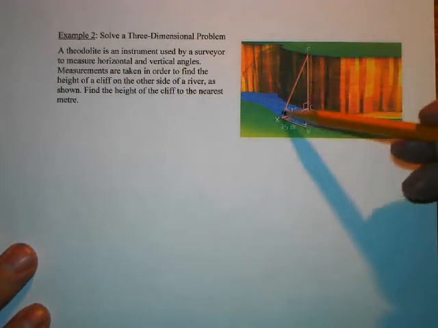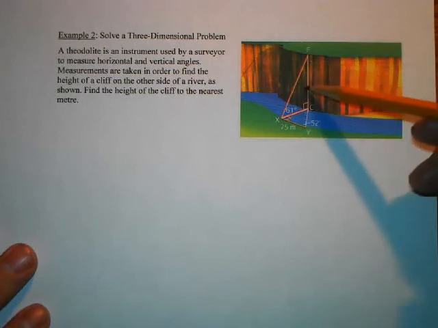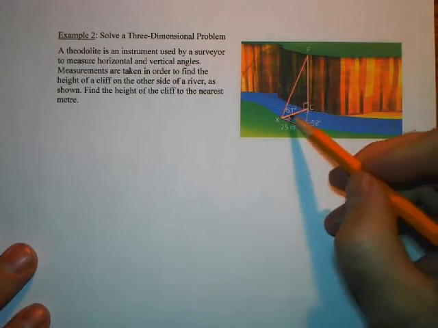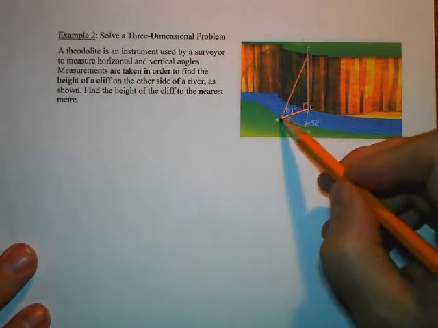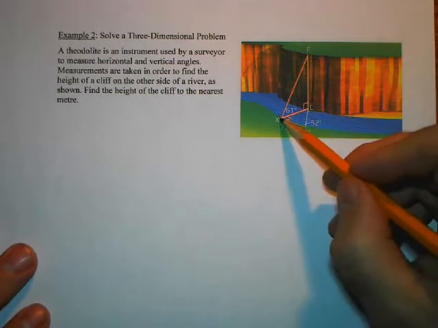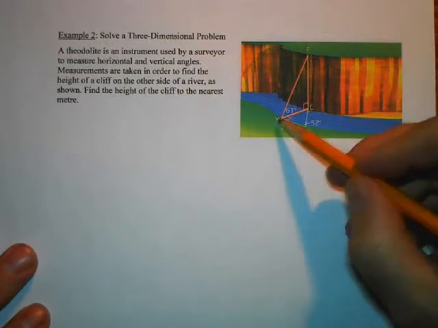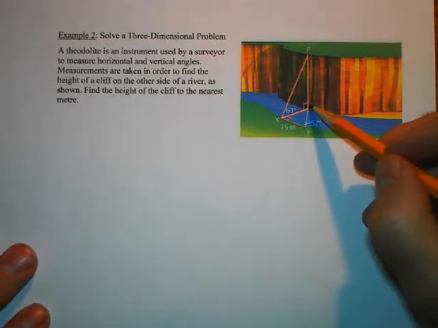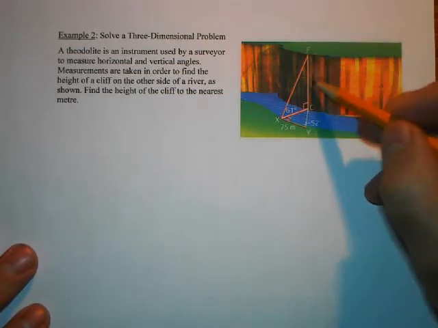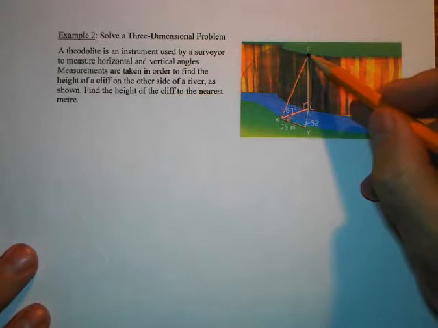This triangle here is the vertical triangle. It goes straight up in the air. It goes along the river from this point X, which is on our side of the river, to C, which is directly across at the base of the cliff, and then F is straight above C, where the plane is.